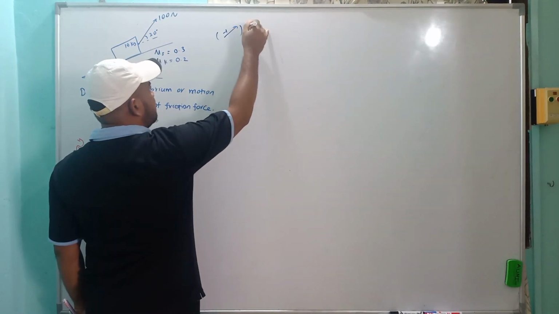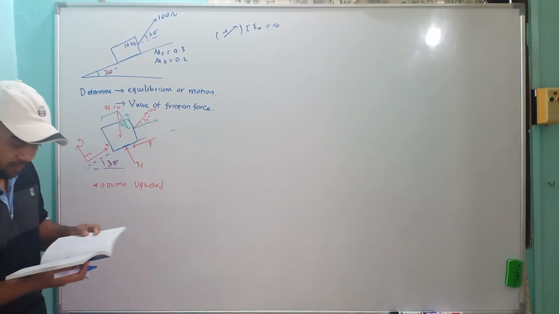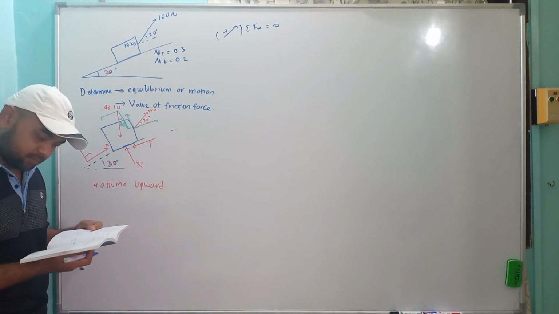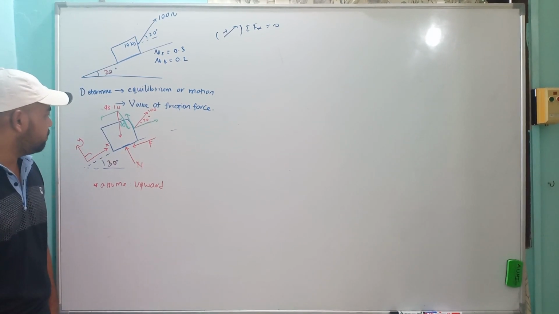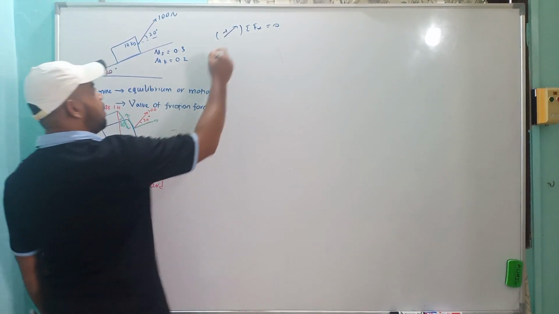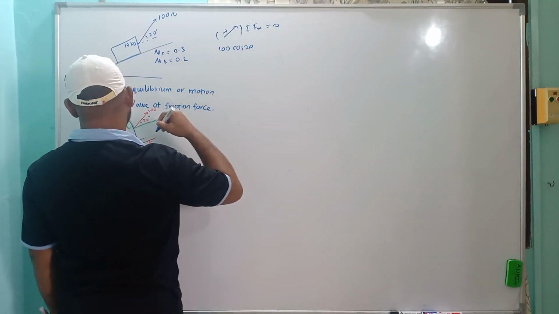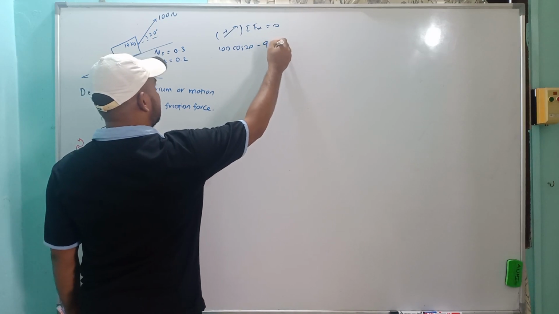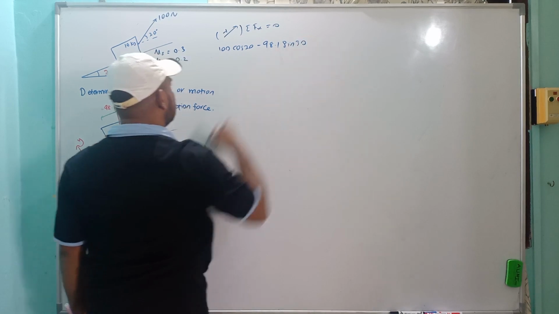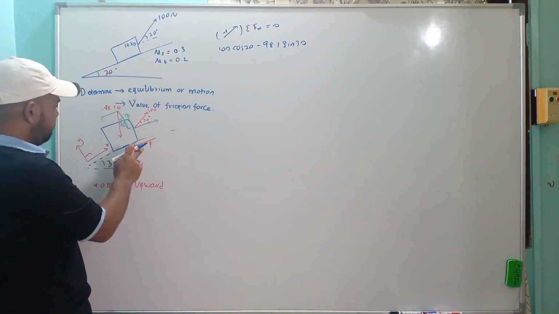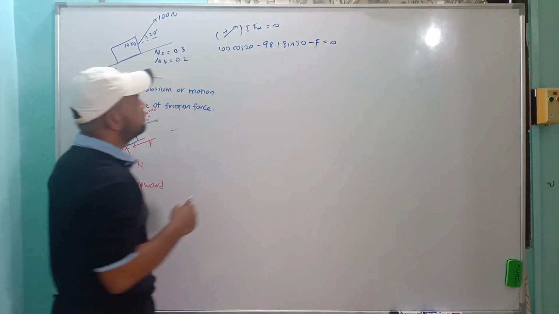To the right positive, sigma Fx equal to 0. We will have 100 cos 20 minus 98.1 sin 30 minus F equal to 0.